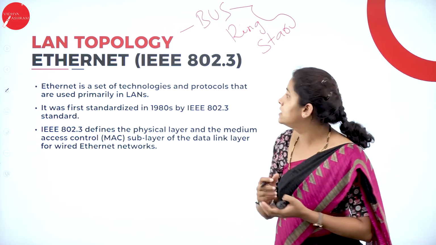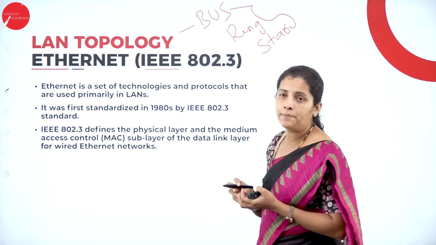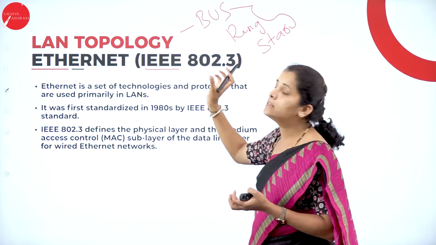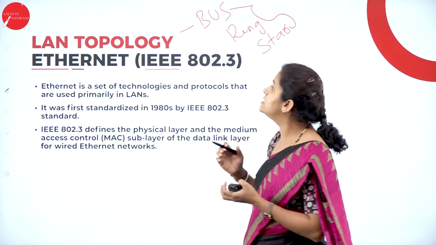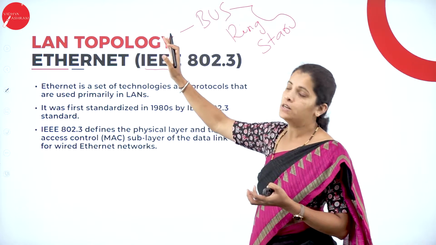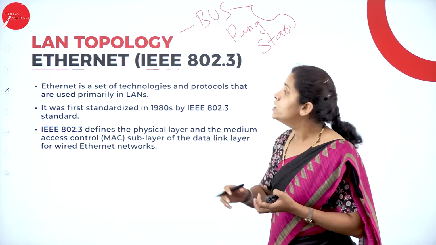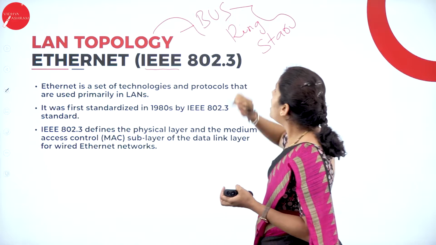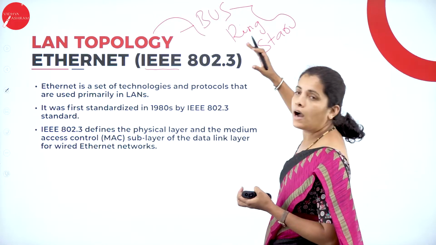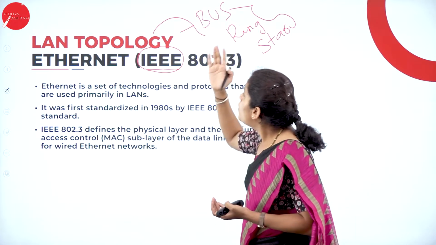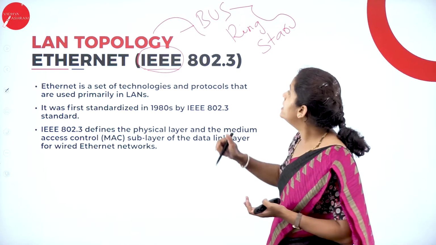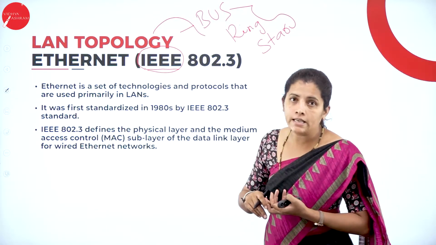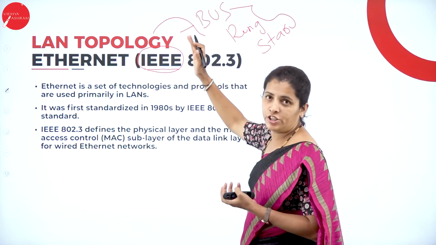Then what is Ethernet? That is IEEE 802.3. It is an Ethernet standard especially designed for LAN topology. The LAN topologies are bus, ring and star topology. So what is IEEE? IEEE is the Institute of Electrical and Electronics Engineers.